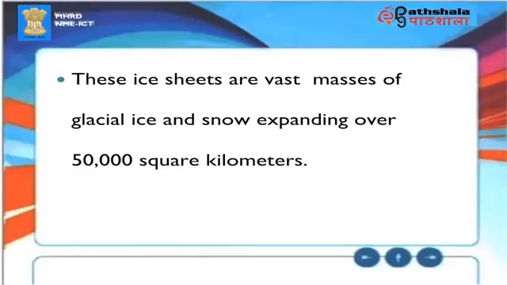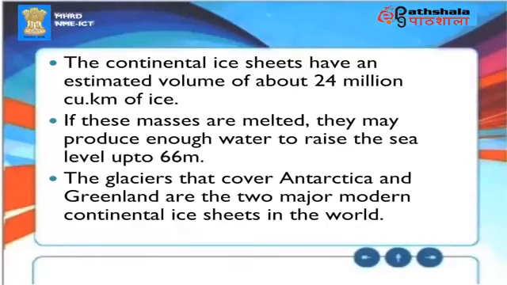These ice sheets are vast masses of glacial ice and snow expanding over 50,000 square kilometers. The continental ice sheets have an estimated volume of about 24 million cubic kilometers of ice. If these masses are melted, they may produce enough water to raise the sea level up to 66 meters.